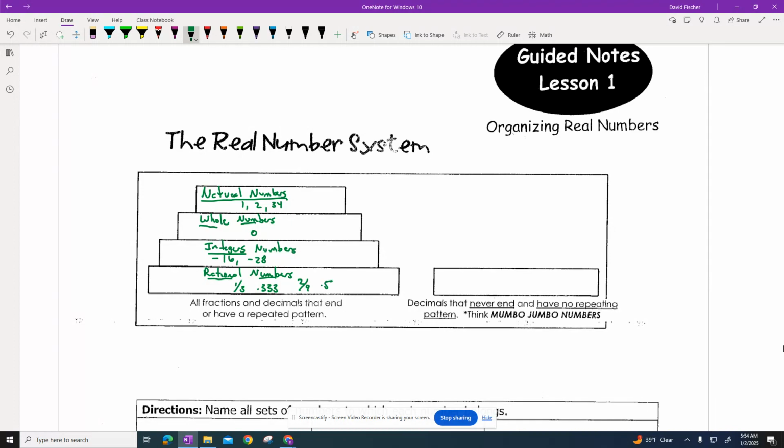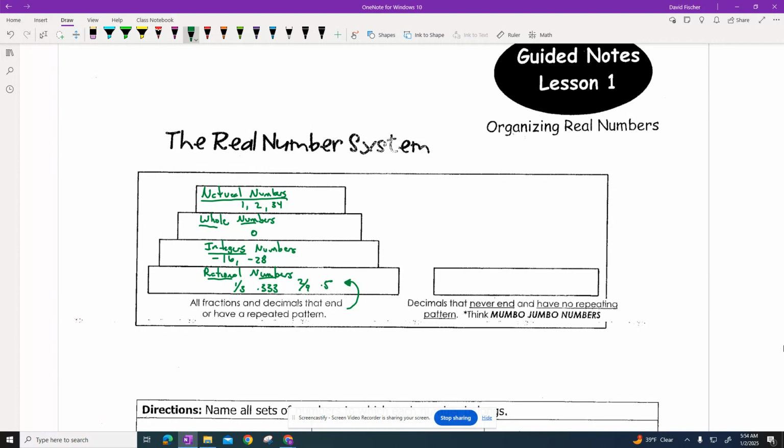Okay, so anything that is a fraction that's repeating or a fraction that's not repeating, like 0.5, is a rational number. So these notes down here, all fractions and decimals that have an end or a repeating pattern, these notes kind of go with this box right here to help you with that one, okay?